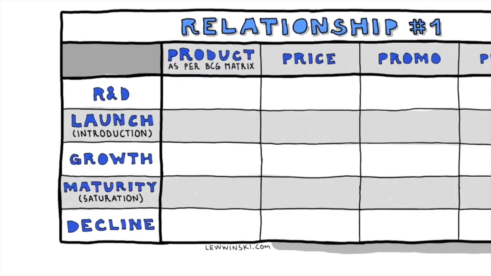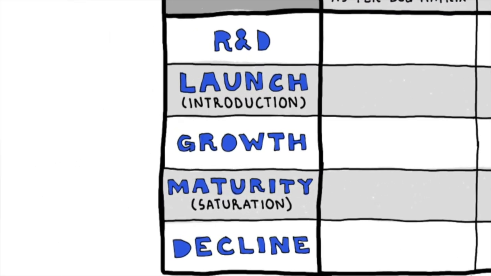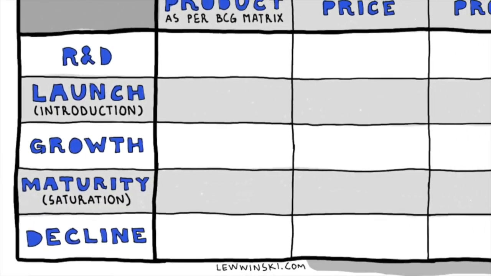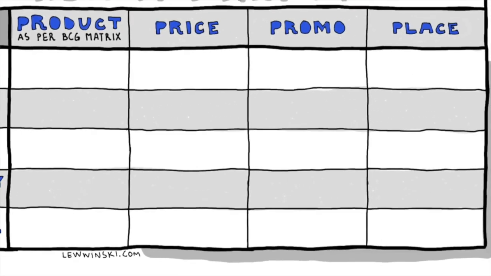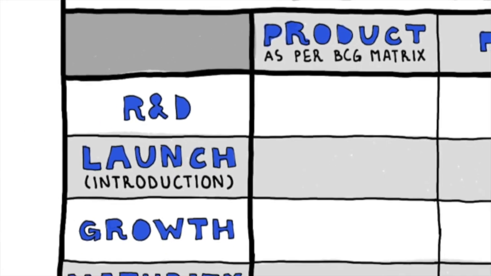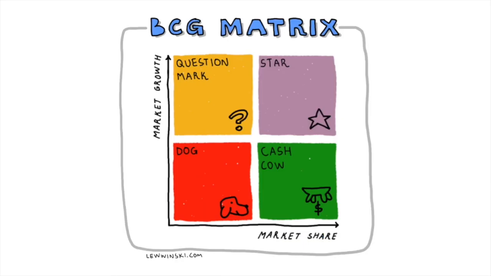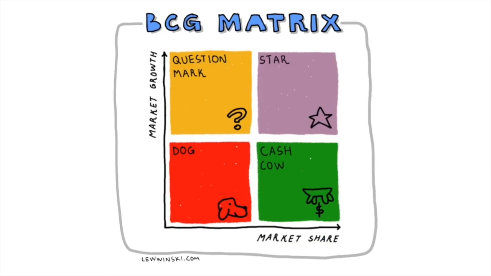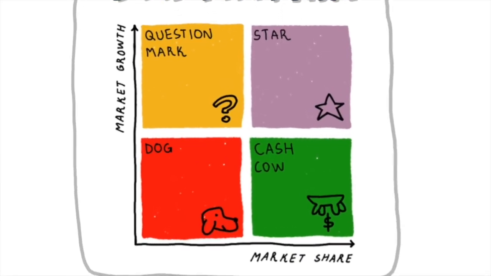You can see the 5 stages of the product life cycle on the left, and the 4 elements of the marketing mix on the right. In the product column, please indicate what type of product it is at different stages of the product life cycle in terms of BCG matrix categories. Is it a cash cow, a star, a dog, or a question mark?